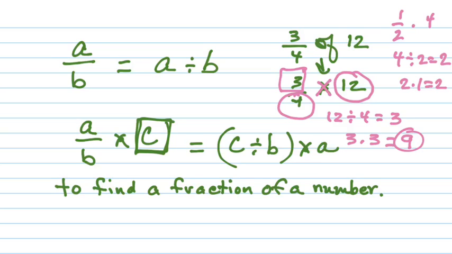Remember we did one like that too, that had a problem if we didn't handle it. So if you have 3 over 15 of something, 25, for example. We did 25 won't divide by 15.